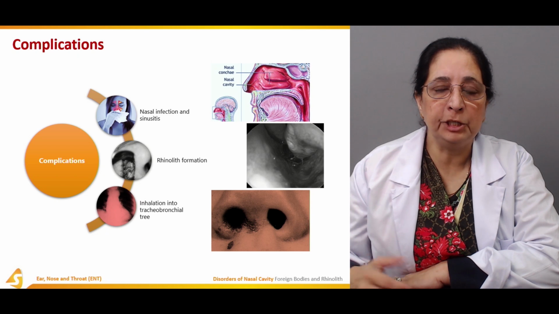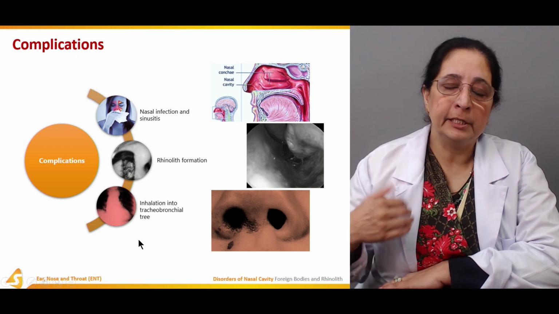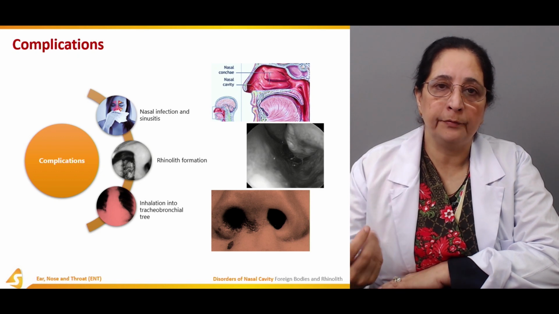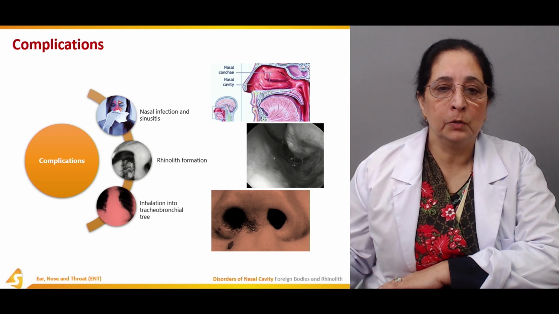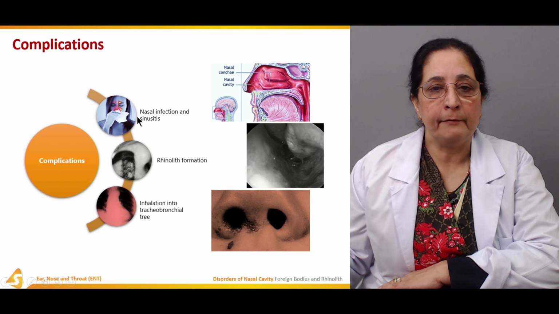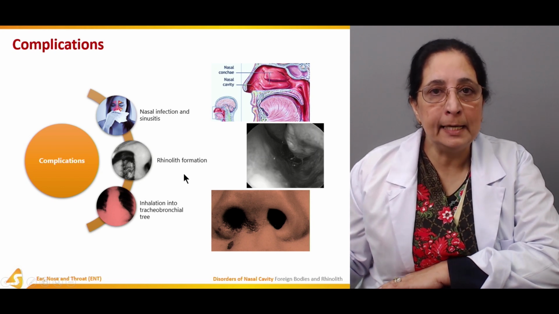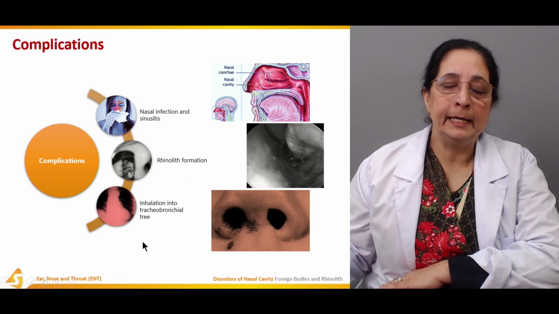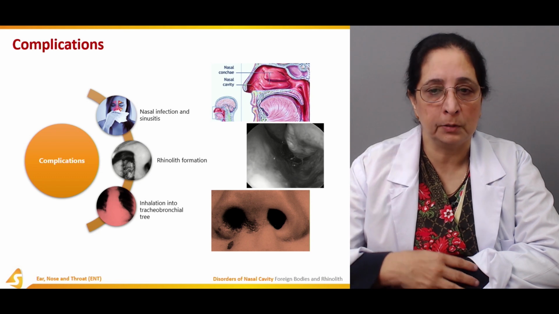And then inhalation into the tracheobronchial tree can occur, which can further cause difficulty in breathing. So these are the complications of the foreign body: nasal infection and sinusitis, rhinolith formation, and inhalation into the tracheobronchial tree.